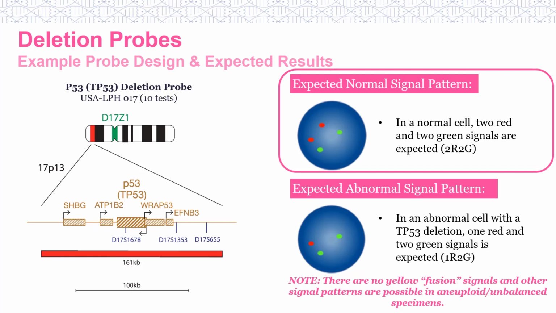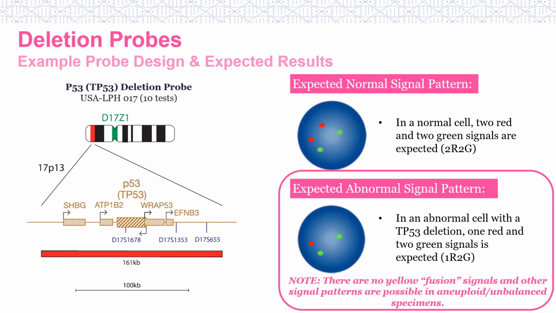During analysis, an analyst will expect to see normal cells have this signal pattern on the top right-hand side. There are 2 red and 2 green signals, or 2R, 2G, as it is typically written, reflecting 2 copies of the P53 gene and 2 copies of the 17 centromere region.